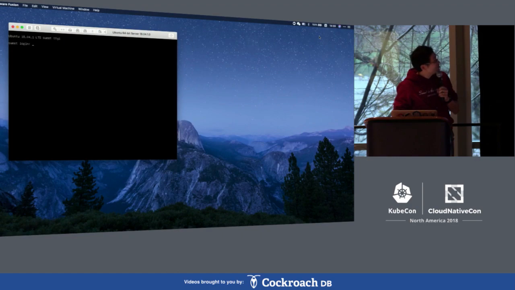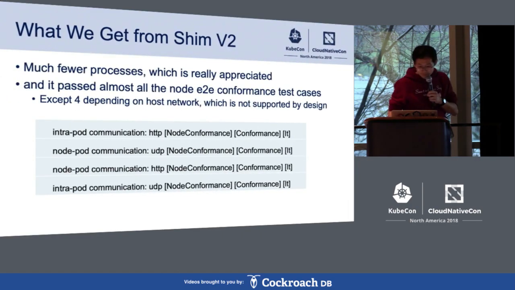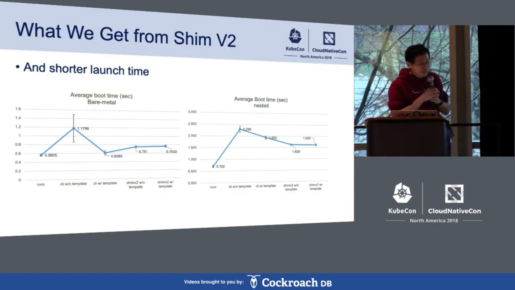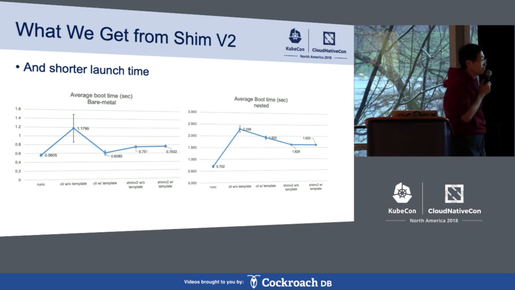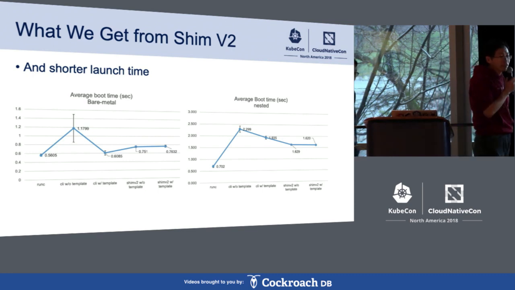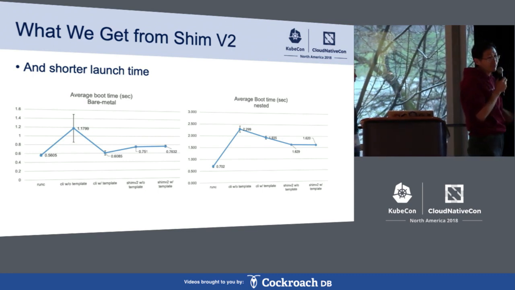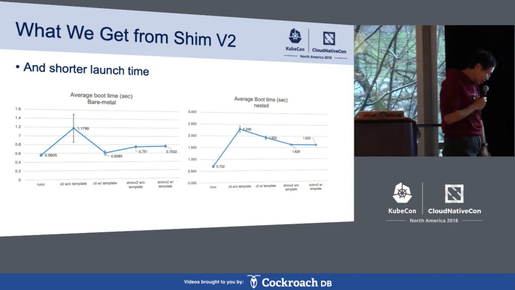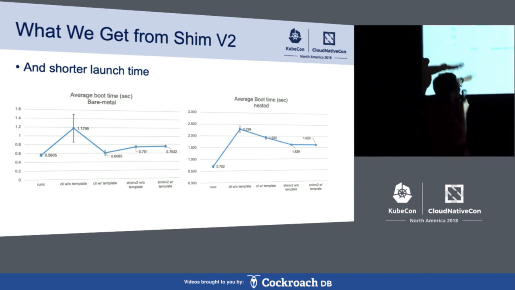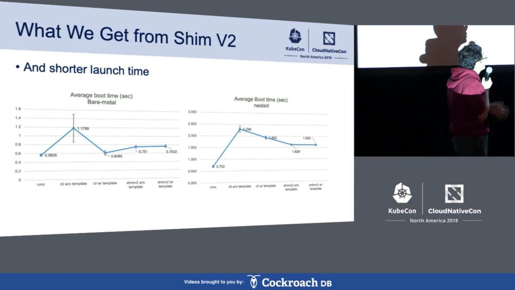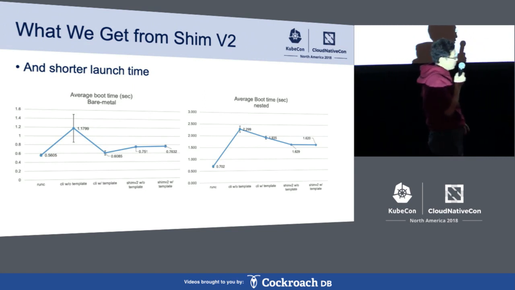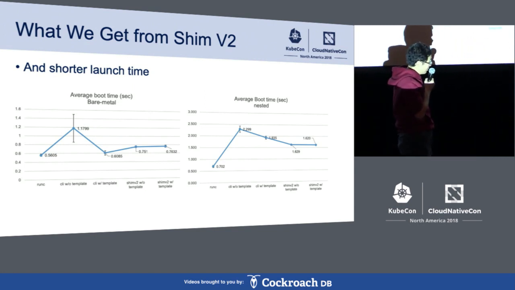to save some time. Yes, and actually, when we support the shim v2, we will have a much shorter time for the container boot. This is for the baremetal case, and this is for the nested virtualization time.